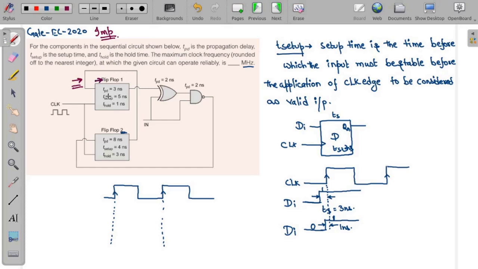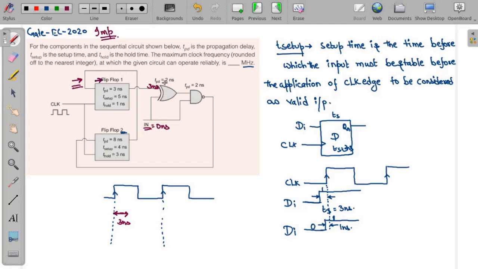What I can see here is a propagation delay of 3 nanoseconds. So the output of this flip flop will be stable after 3 nanoseconds. The input was applied at 0 nanoseconds, so it was present from 0 nanoseconds.